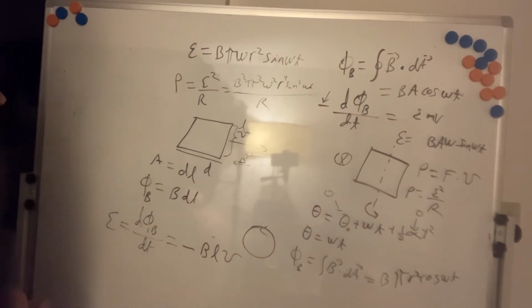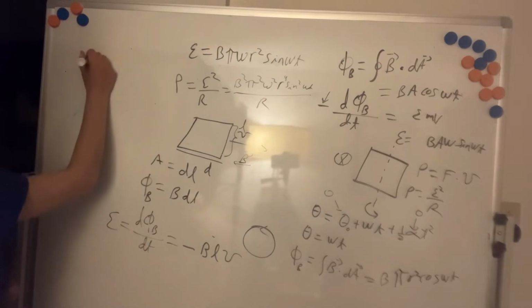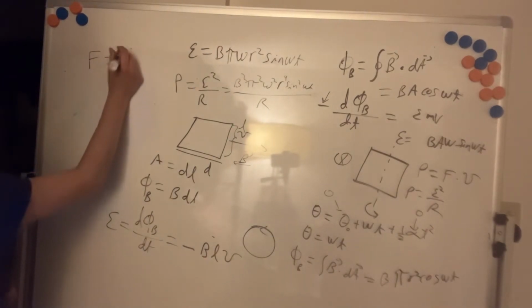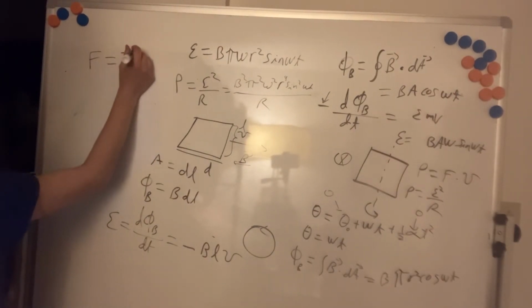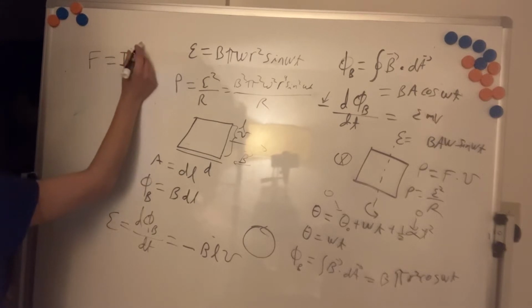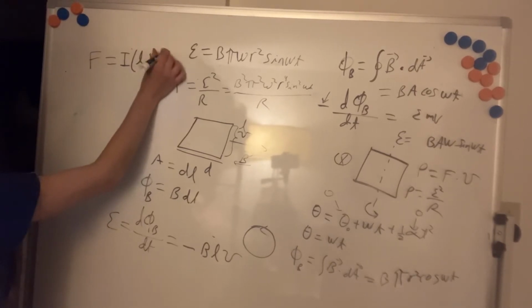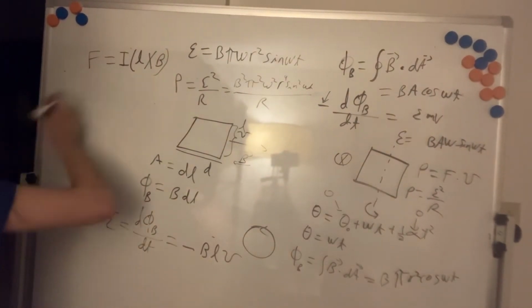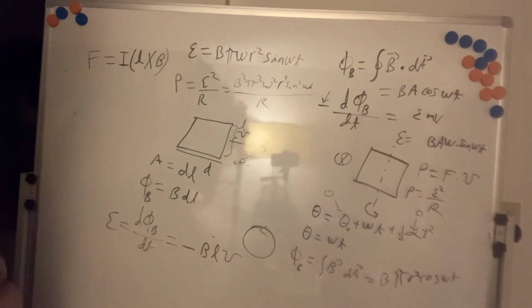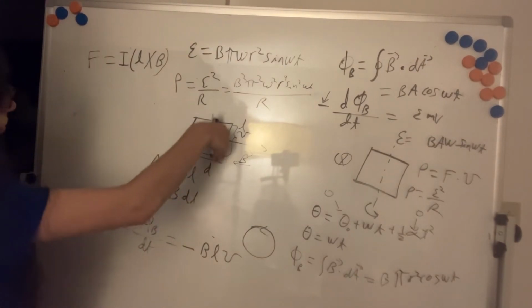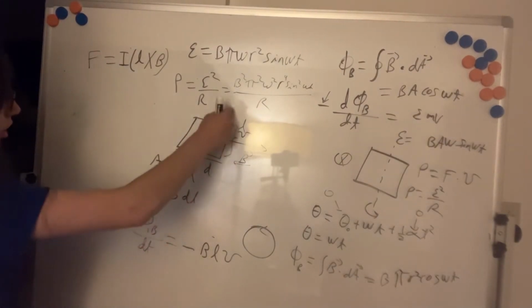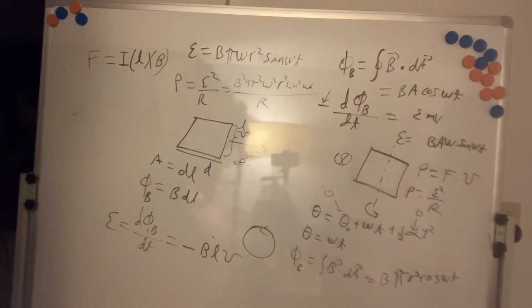Now, what is the magnetic force? We have force is equal to the current times the length cross product with the magnetic field. The current is going in the direction of L, that is in this direction.